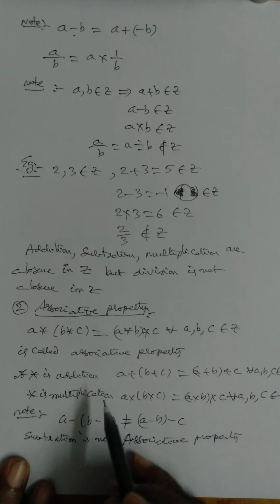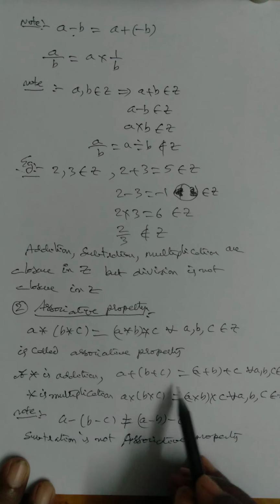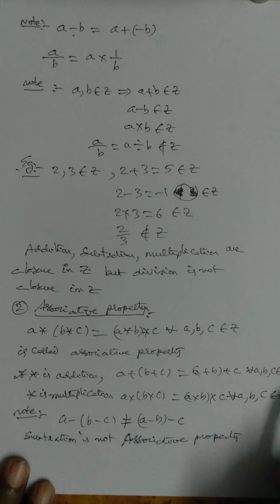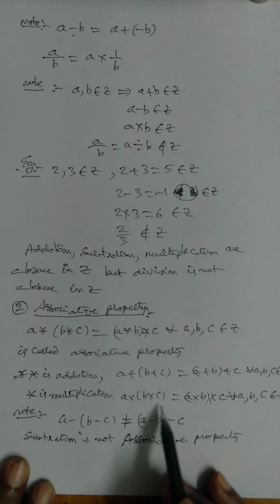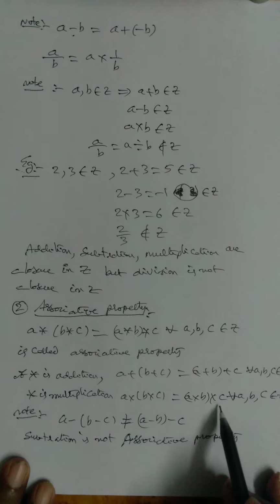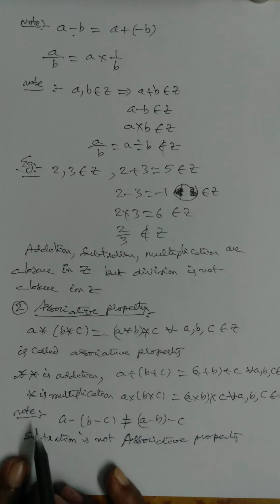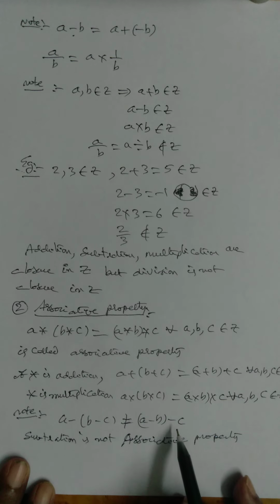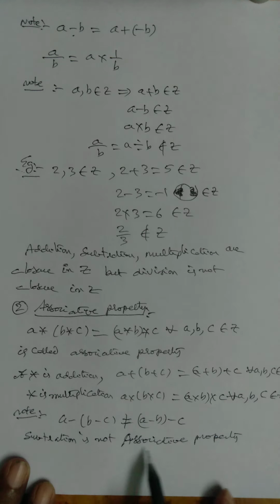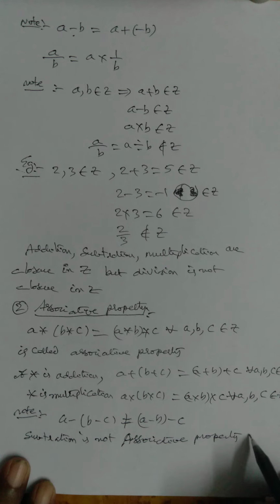If star is addition, A plus B plus C is equal to A plus B plus C for all A, B, C belongs to Z. If star is multiplication, A into B into C is equal to A into B into C for all A, B, C belongs to Z. A minus B minus C is not equal to A minus B minus C with different grouping. So clearly subtraction is not associative property in Z.